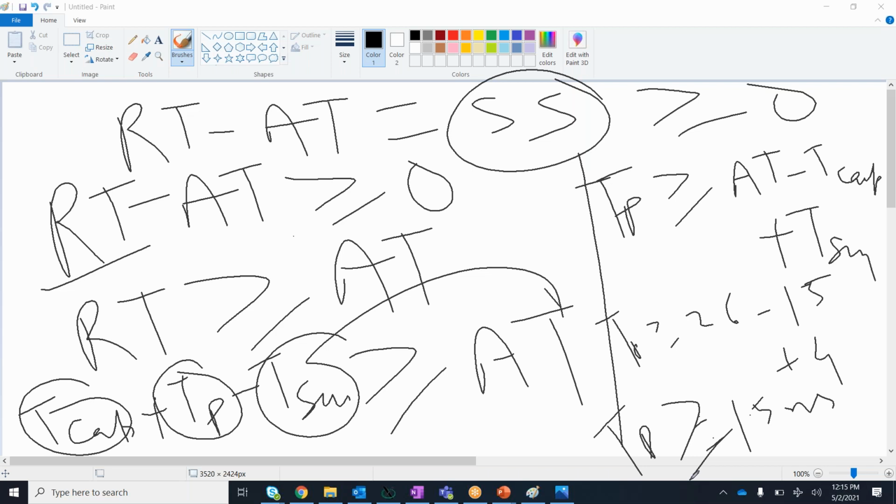Either it should be more than 15 nanosecond or equal to 15 nanosecond. If I have to find the maximum frequency for this circuit, which time period will we choose? Greater than 15 or 15? What will be my time period if I have to find the maximum frequency?